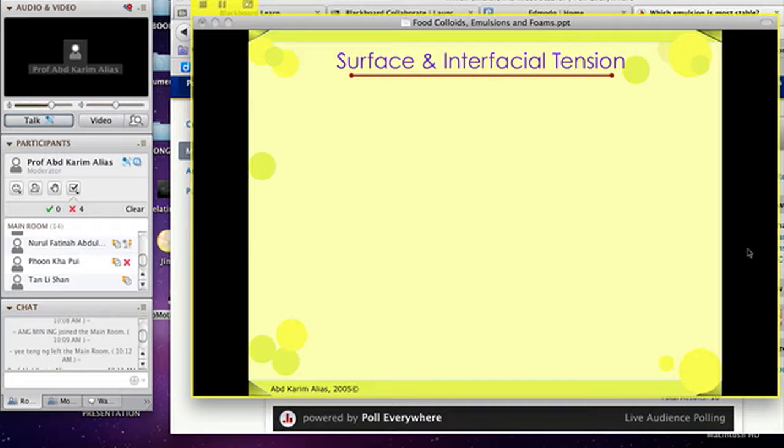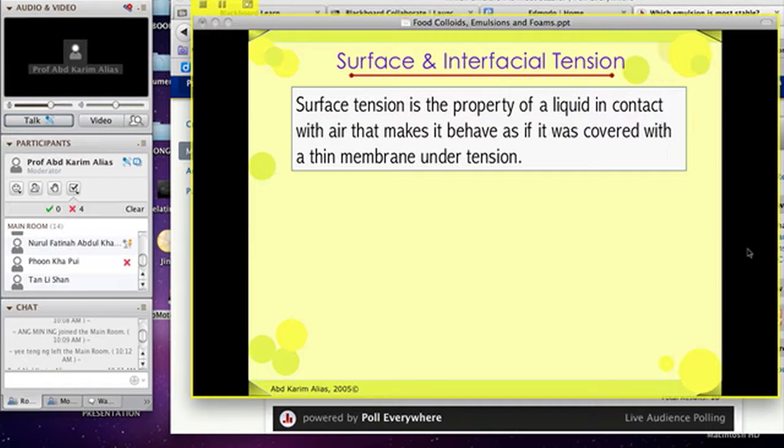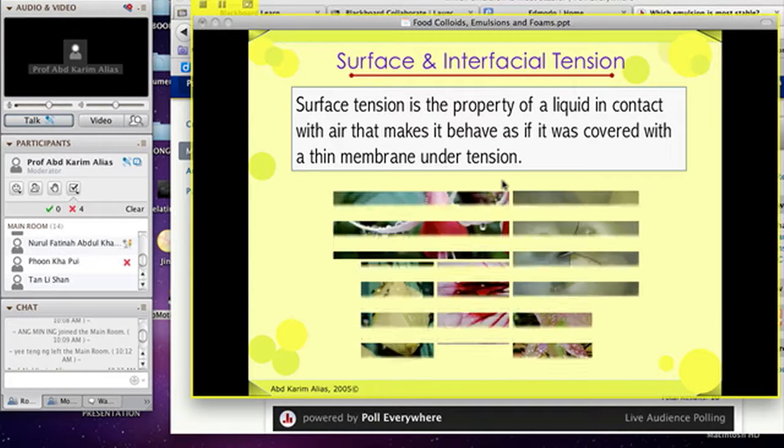So now let's talk about surface and interfacial tension. How do we define surface tension and interfacial tension? Surface tension is the property of a liquid in contact with air that makes it behave as if it was covered with a thin membrane under tension.